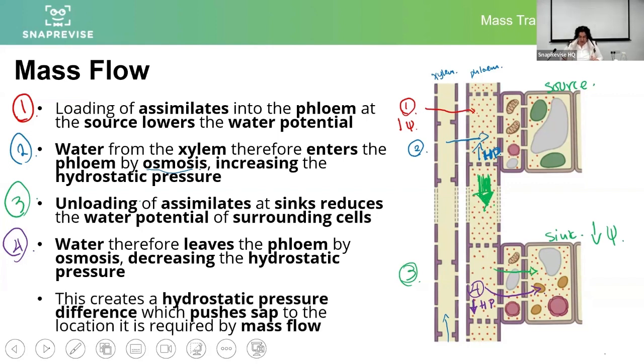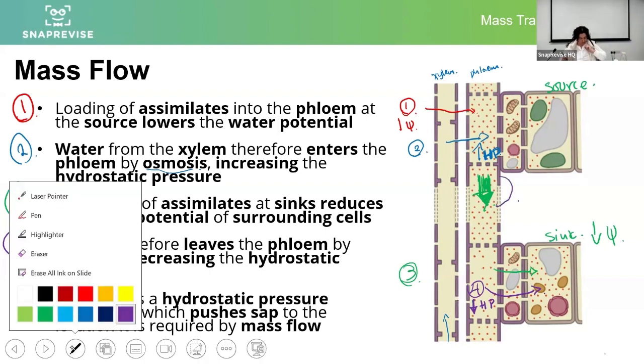And finally, this entire flow creates a hydrostatic pressure difference, or gradient, you could also say, which pushes sap to the location that is required by mass flow. So basically this here is my, let me just choose another color.